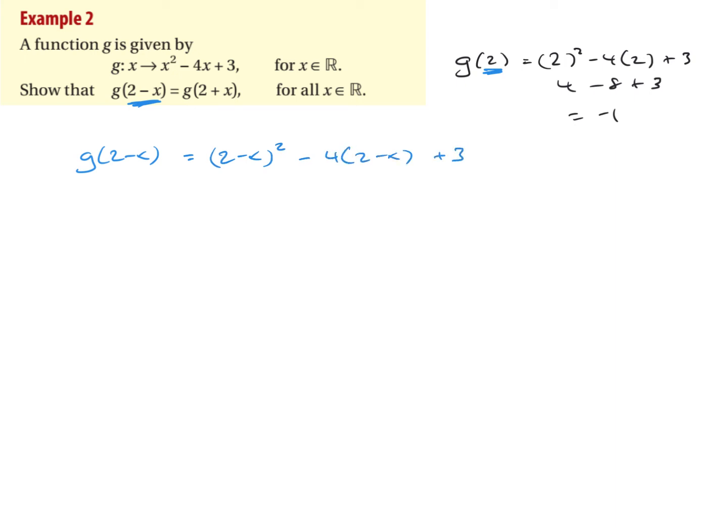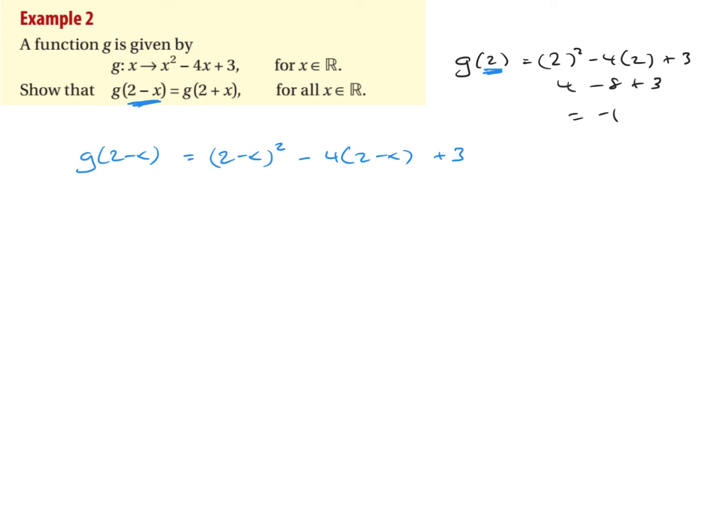So just to show you again, we've got g of 2 minus x. We've got x squared, so that's 2 minus x squared, minus 4x, so minus 4 by the x, which is just 2 minus x again, because that's what's in the bracket, plus the 3, and we're going to tidy this up now. So simplifying, this is a binomial bracket, remember, we just square the first one, square the second one, multiply them together, and then double.